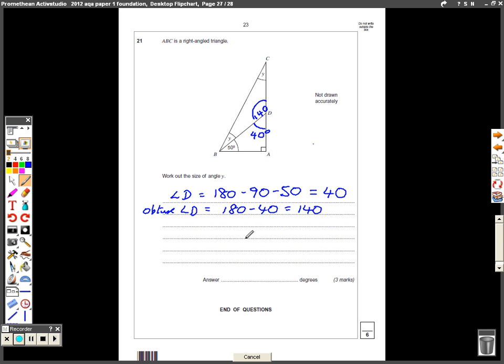So that means that the Y, add the Y, must come to 40 degrees. Which means that 2y must be 40, which means that y must equal 20 degrees. So we've got y is 20 degrees. And we're finished. It wasn't too bad, was it?